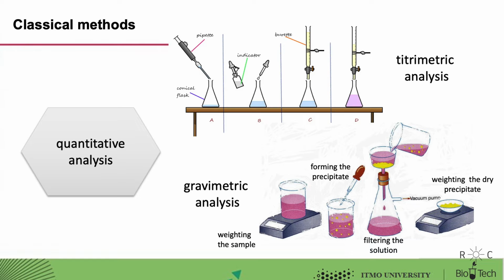For analysis, a solution with a substance with an unknown concentration is placed in a flask, a suitable indicator is added, and titrated using a solution with a known concentration, a titrant. The concentration of the analyte is determined by the volume of the spent titrant.